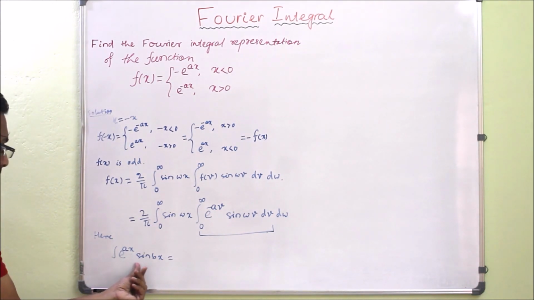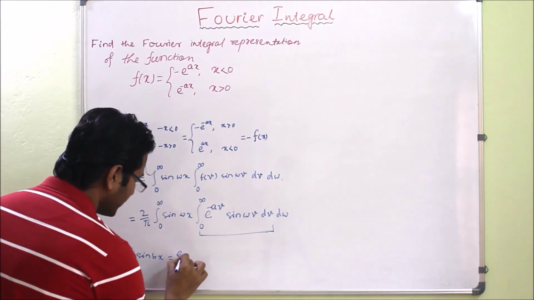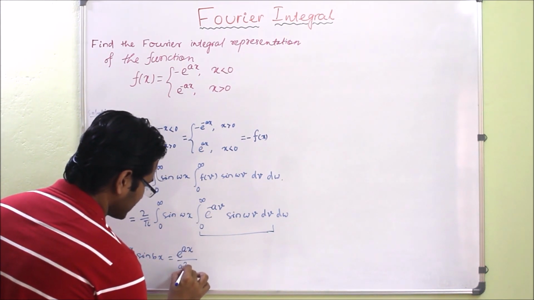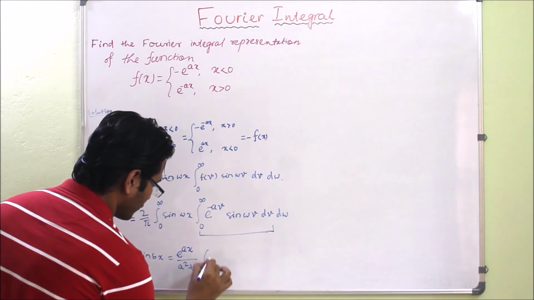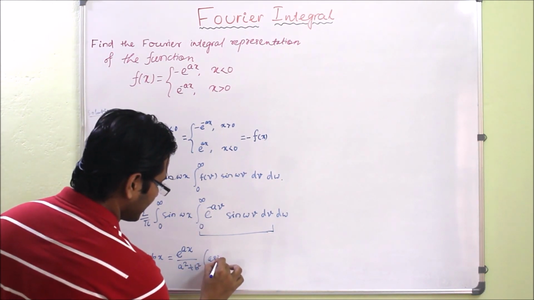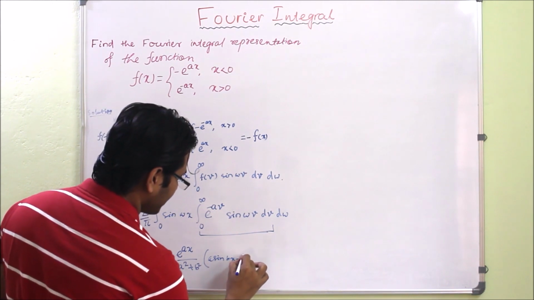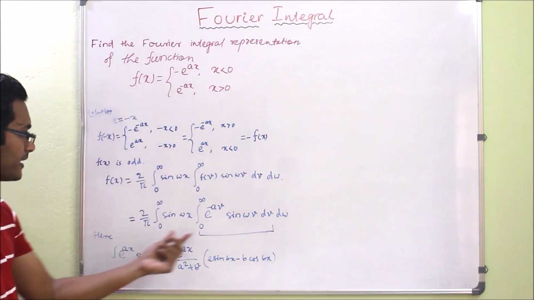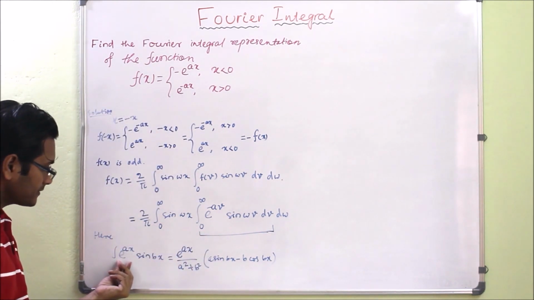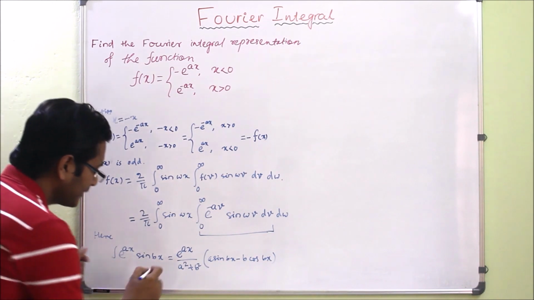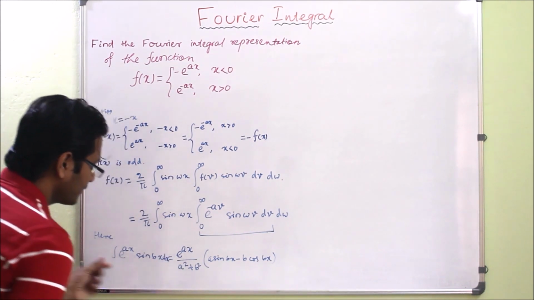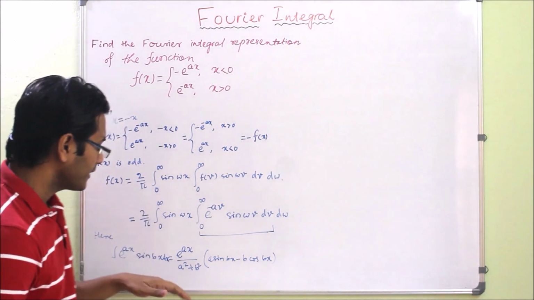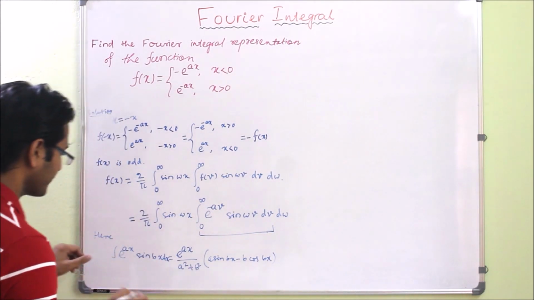It will be e to the power ax divided by a square plus b square, whole into a sine bx minus b cos bx. How do we get this? If we take e to the power ax as one function and sin bx as another function and use the integration by parts formula, we get this formula.